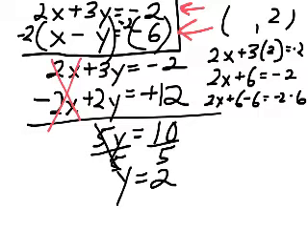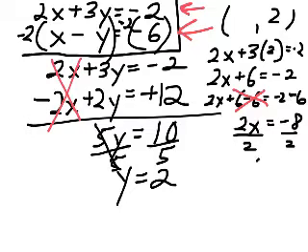You can see what happens to the 6's on this side. We get 2x equals, that's a -6. 2x equals a -8. Alright, divide both sides by 2. And x equals a -4.